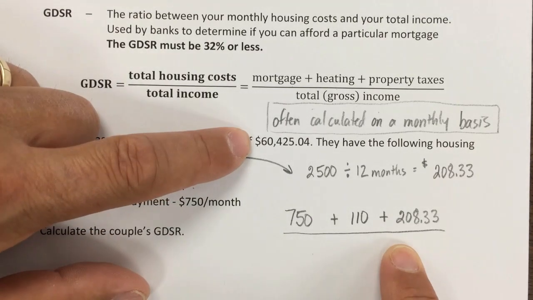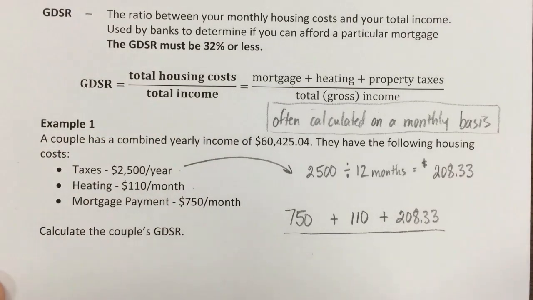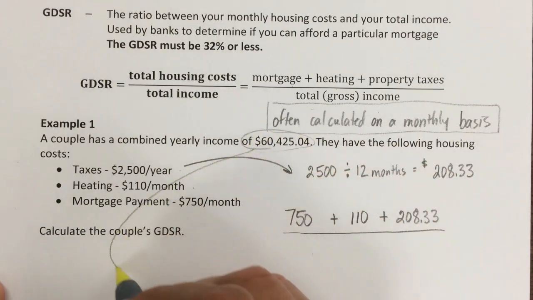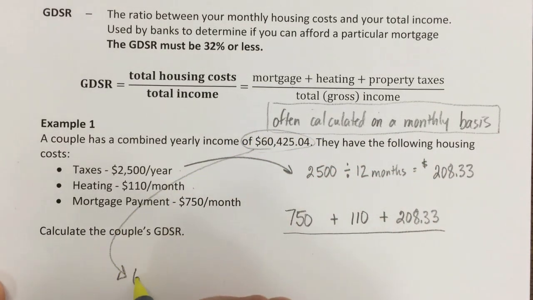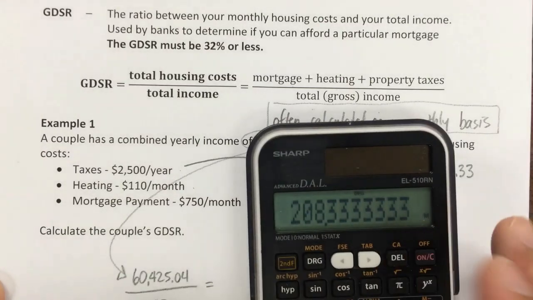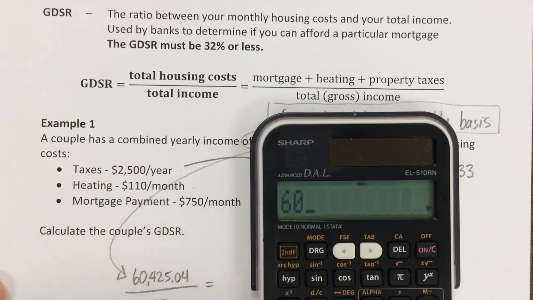Well, here we have an annual gross income. So I'm going to have to do a quick adjustment here of this amount. I'll draw a little arrow to help us out. $60,425.04 divided by 12 is going to be equal to, okay, what do we got?